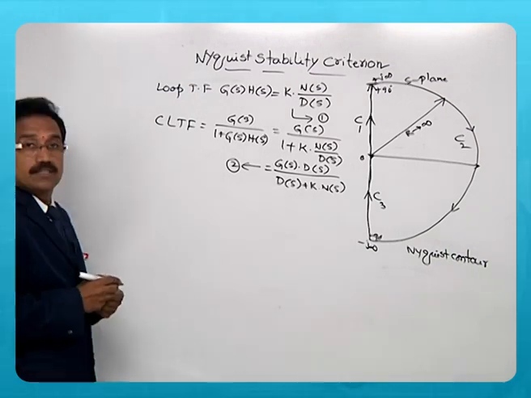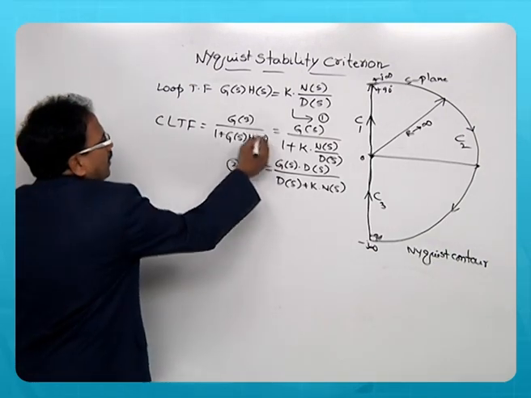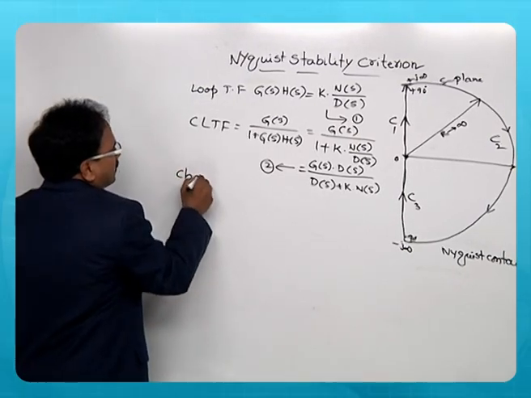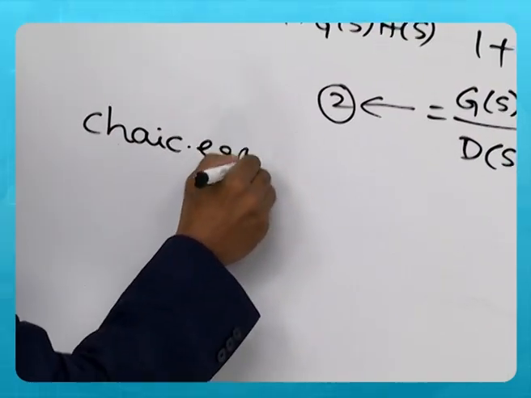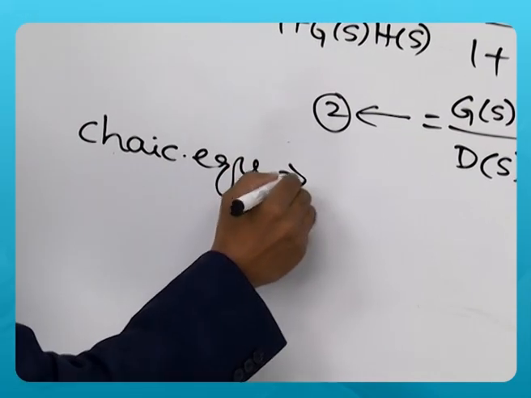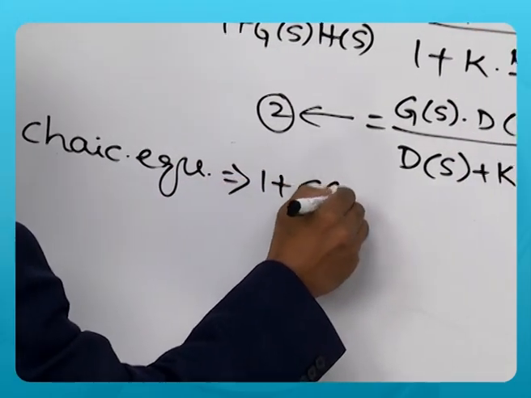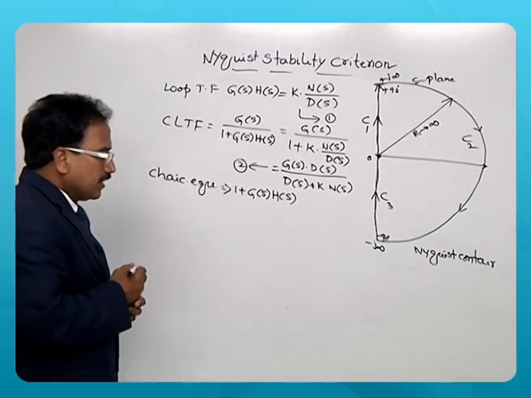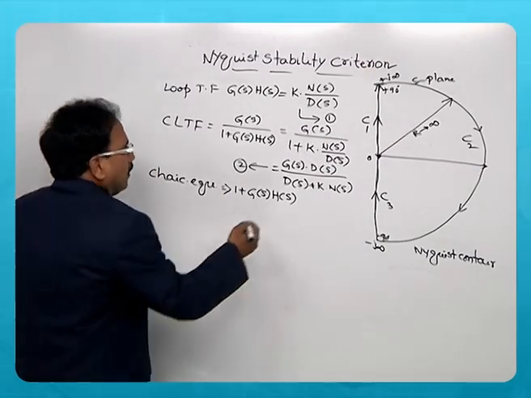And as you know, the denominator part of the closed loop transfer function is known as the characteristic equation. This is equal to 1 plus G(s)H(s). This is the characteristic polynomial or equation.